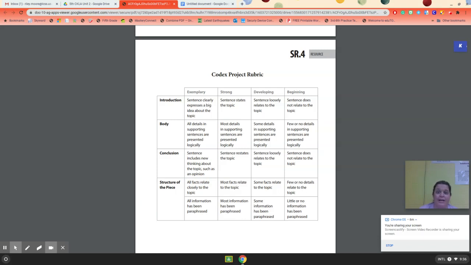We all know how to write an introduction. You're introducing your topic. Your body, which is what it's going to be about. All details in the supporting sentences are presented logically. What that means is there is a logic behind your writing.